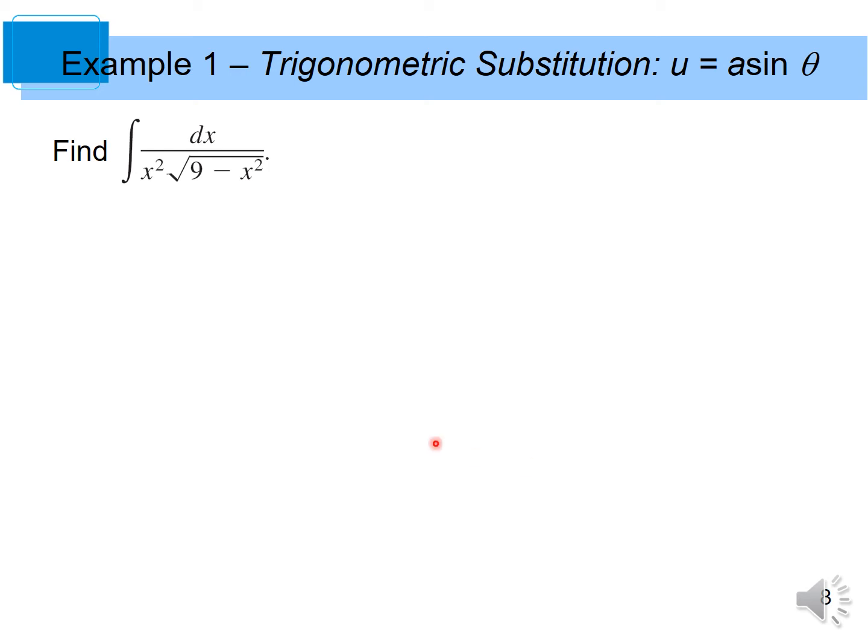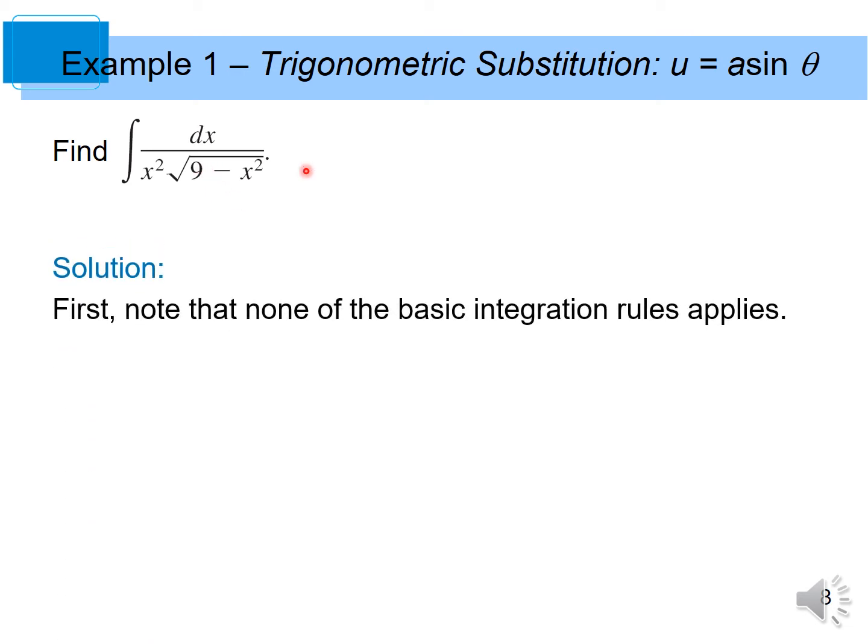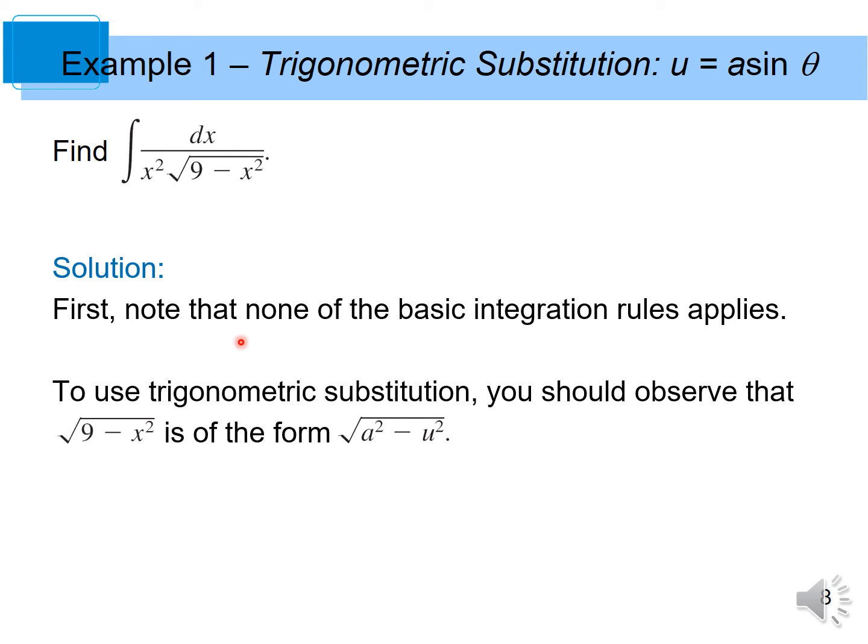Look at the first example. Let's say we have the integral of 1 over x squared radical 9 minus x squared with respect to x. For this case, it is impossible to use the change of variable method. First, identify the radical form. The radical form is radical a squared minus u squared, because 9 is constant and x is variable.